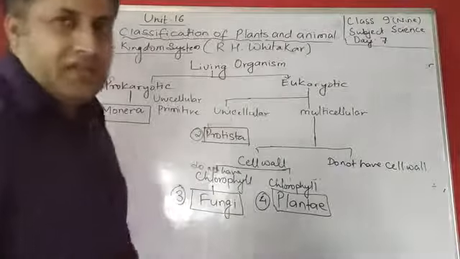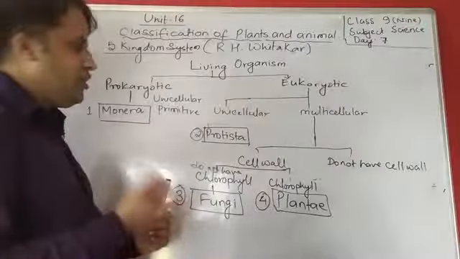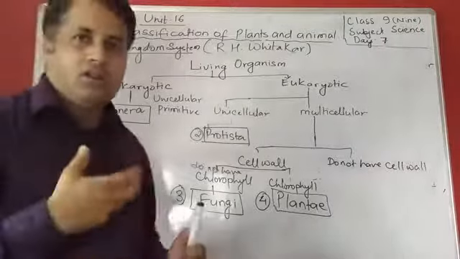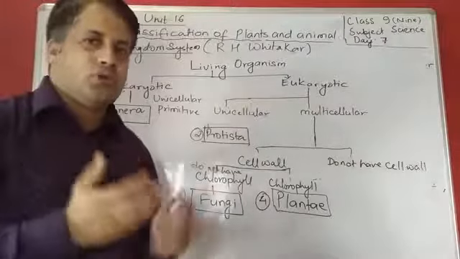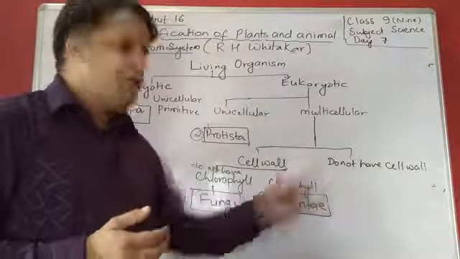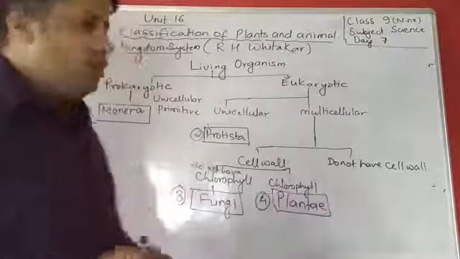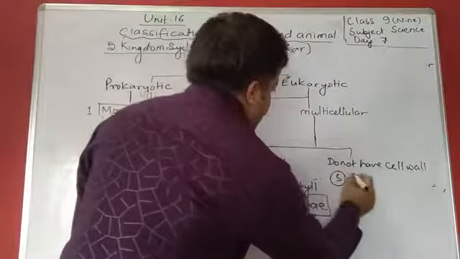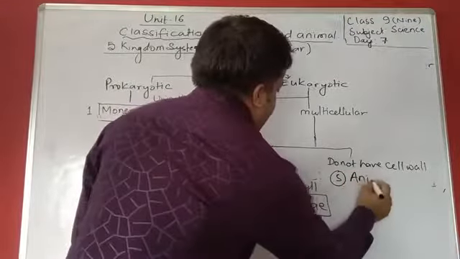And after that, the organisms which do not have a cell wall. So all those organisms which do not have a cell wall are placed in the kingdom which is termed as Animalia.